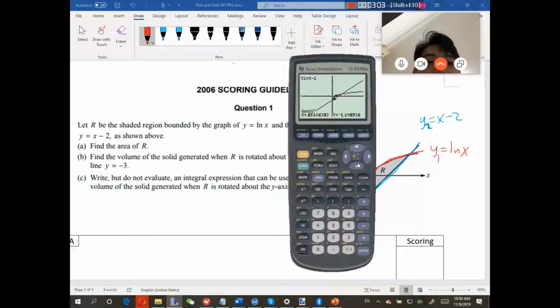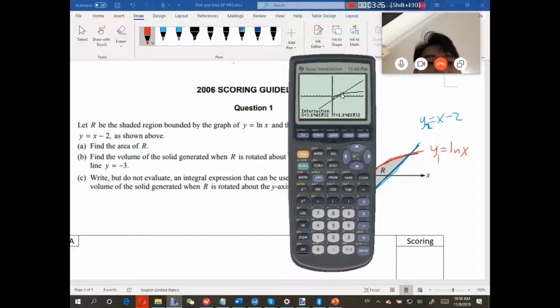And then a guess. Now there's more than one intersect for these functions, so it needs to know which intersect we want. So once I hit enter, whatever the cursor is closest to, it'll give me the intersect that's closest to that cursor point. So if I move way over here to the left, and then hit enter, it'll give me an intersection point that's closest to where I was.